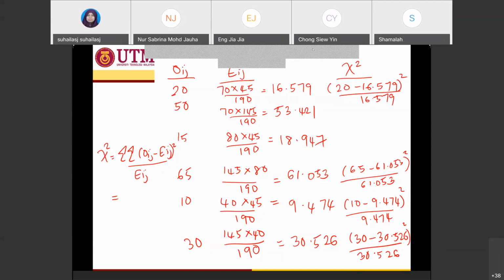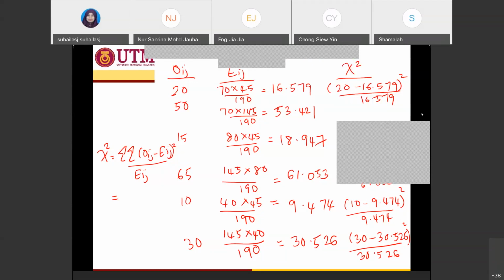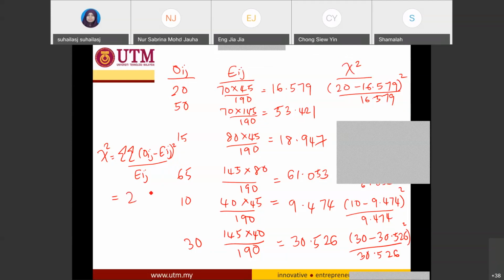Anyone? What is the answer? Okay, you get 2.0253. Are there any other answers besides this? 2.041. Okay. So I take 3 decimal points, so 2.041. Okay, thank you.